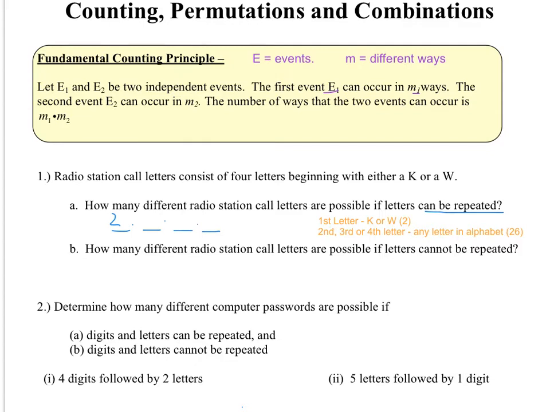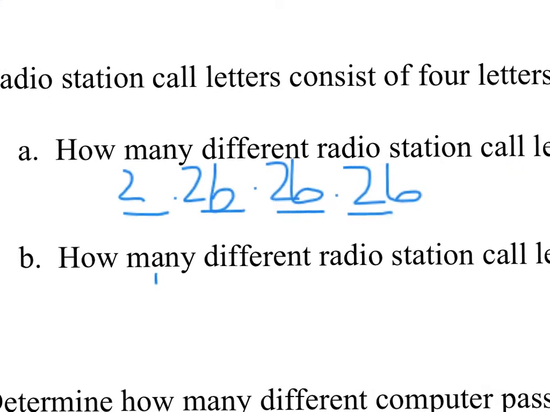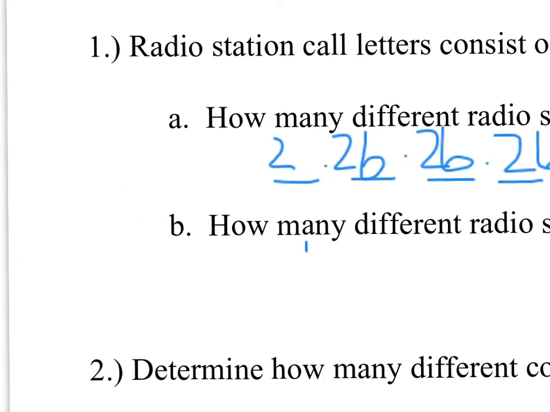So we're going to end up with 2 times 26 times 26 times 26 for the number of different radio station call letters that are possible if you are allowed to repeat them. When you multiply those together, you get 35,152 ways.